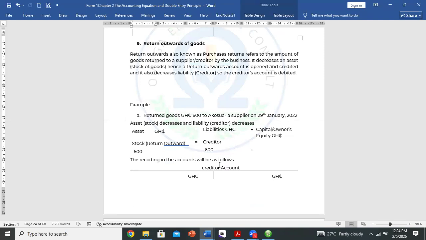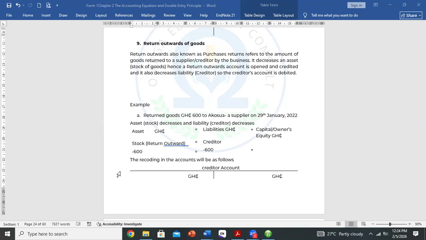What is return outwards? Who is doing the reading for me? Let me see if I can get Prof. Joel Mensah. Can you do the reading for us? Return outwards. Okay.